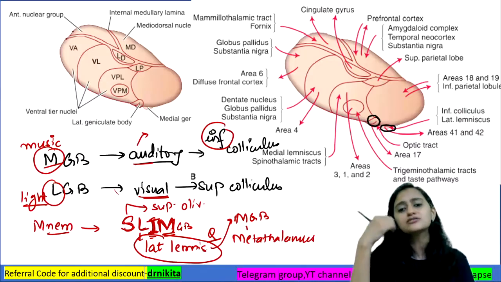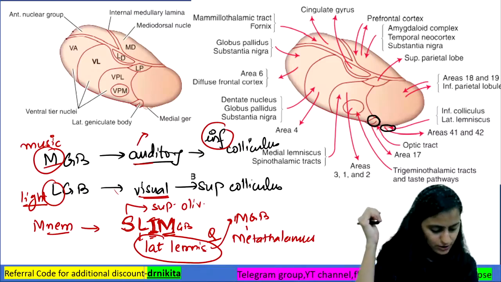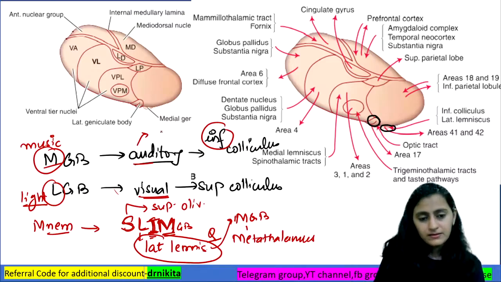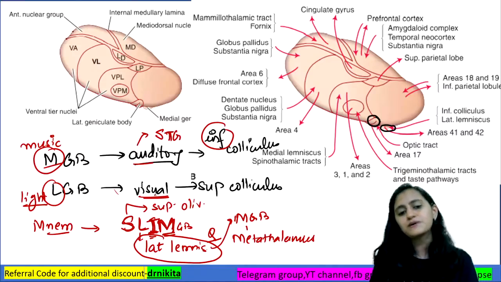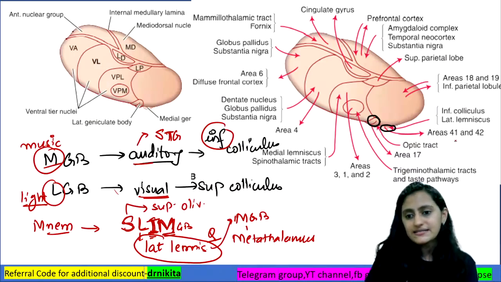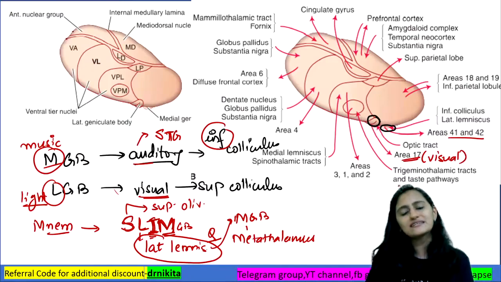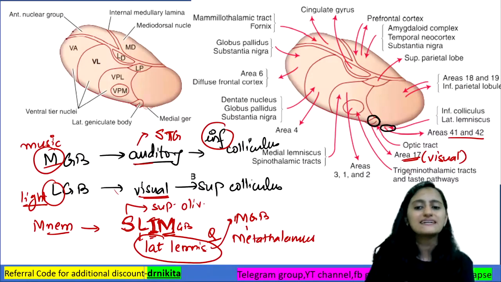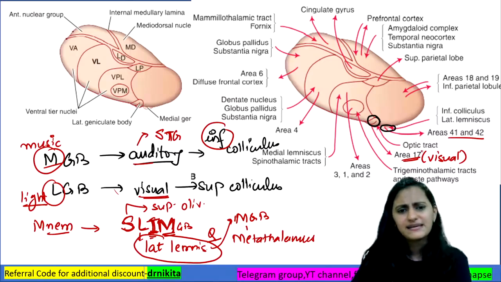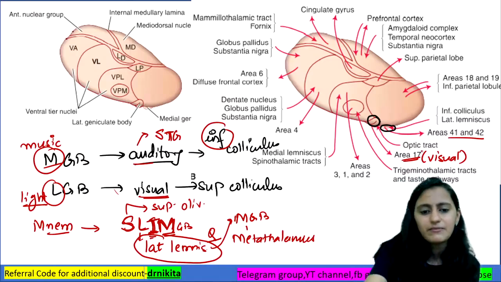Superior temporal gyrus or inferior temporal gyrus? It is the superior temporal gyrus where you have the auditory area. It is area 41 and 42. For the optic tract, visual, you have the visual cortex in the occipital lobe, that is your area 17. I'm not going into Brodmann areas today. We'll see some other time.